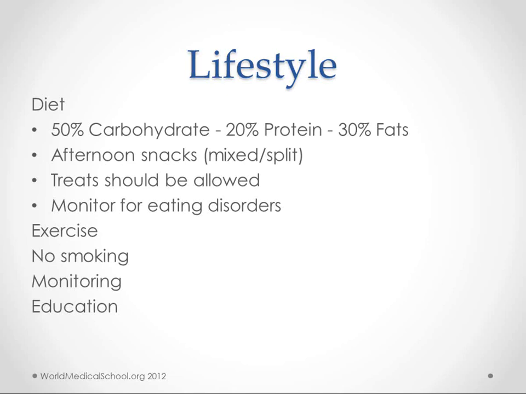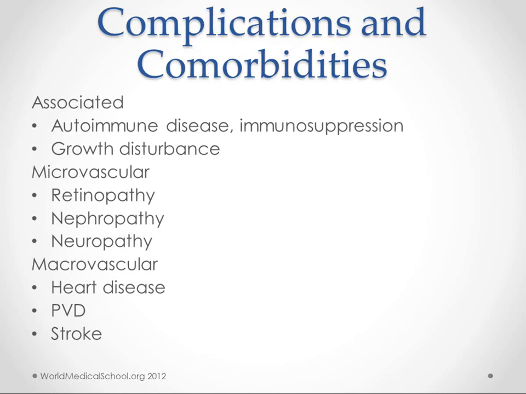Remember that snack if you're on the mixed split, the split mixed regimen. Make sure these kids can get treats because otherwise they will sneak them and get in trouble. And also watch out for eating disorders that are a little bit more common in type 1 diabetes.